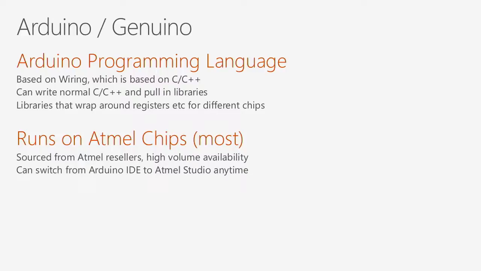And it's just so much pain. And the Arduino language kind of abstracts that away from you. So you can work with any of the Arduino boards, and you shouldn't need to look at register level, at least for most cases.